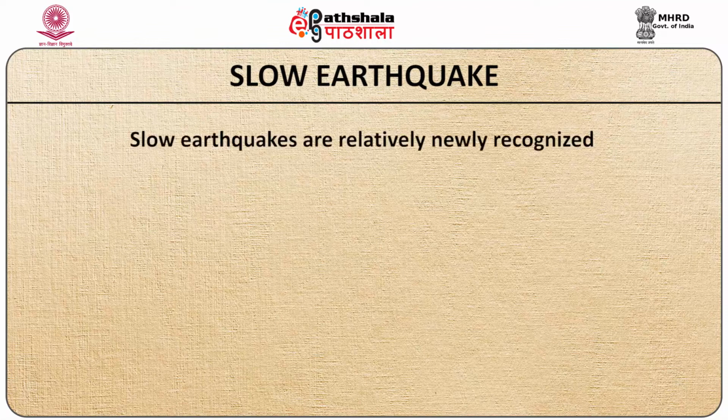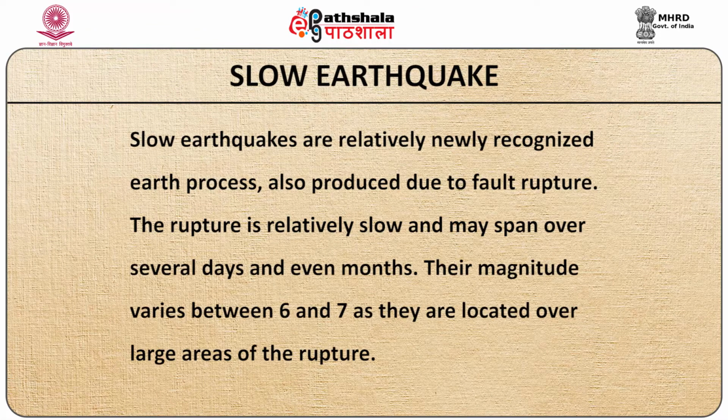And lastly, let us look at the process of slow earthquake. Slow earthquakes are relatively newly recognized earth processes, also produced due to fault rupture. The rupture is relatively slow and may span over several days and even months.